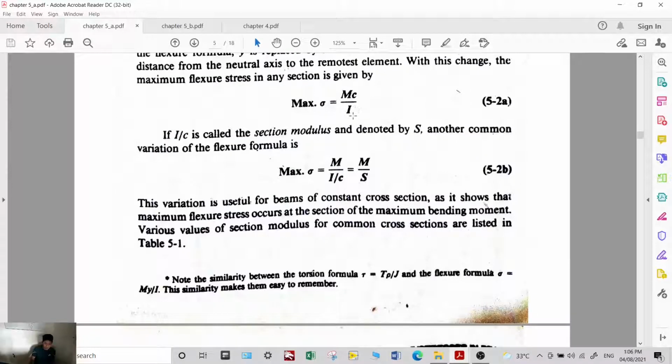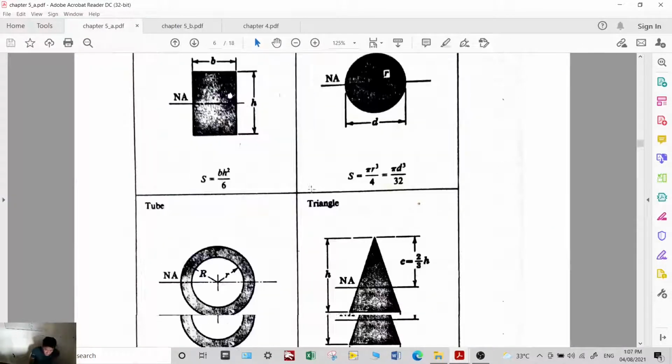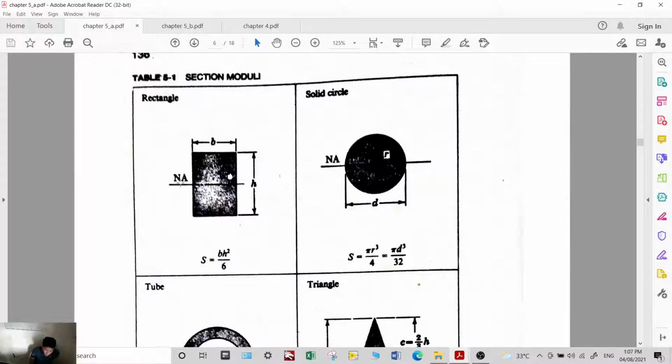Ang equation sa imo ang modulus of section, kani moment of inertia nimo, kani C. Diba ang C nimo or ang Y nimo is gikan sa neutral axis padulong diri mao ni ang C. Or gikan diri padulong pinakatumoy.